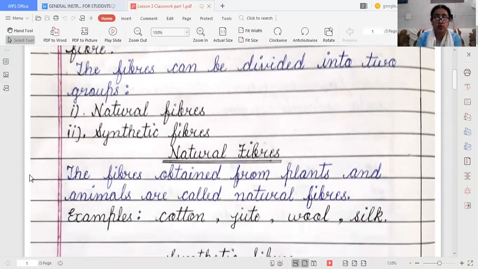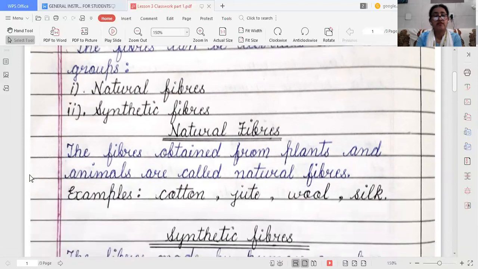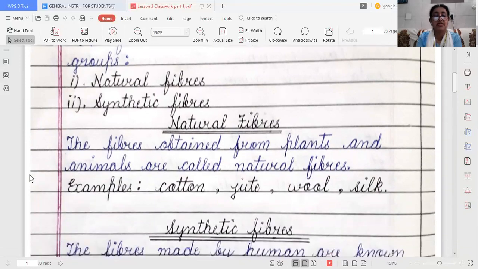Natural fibers, you all know, are the fibers which we get from nature, like the fibers which we obtain from plants and animals. For example, cotton and jute are plant fibers.